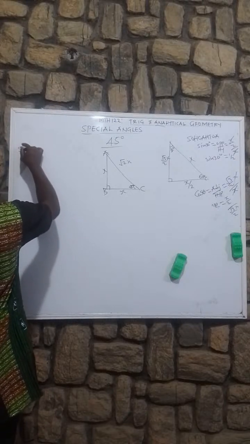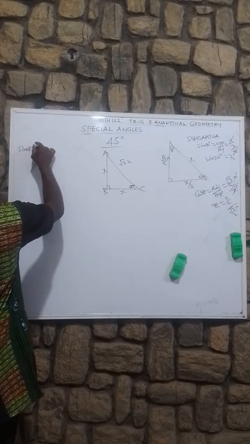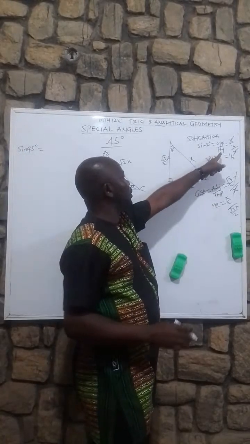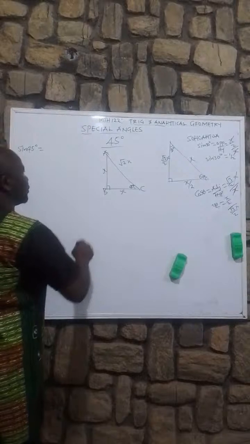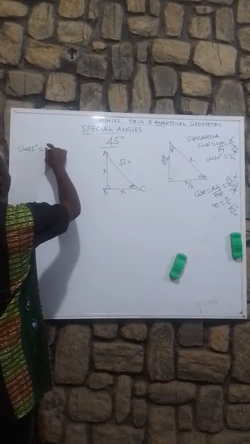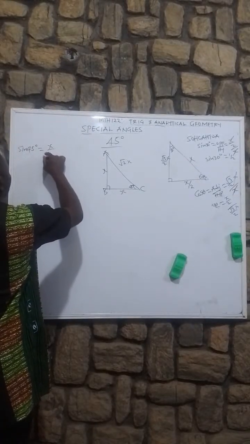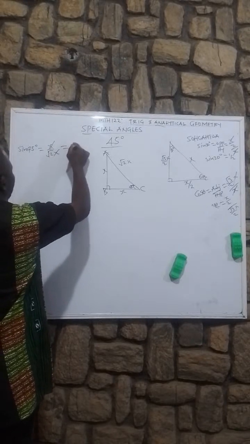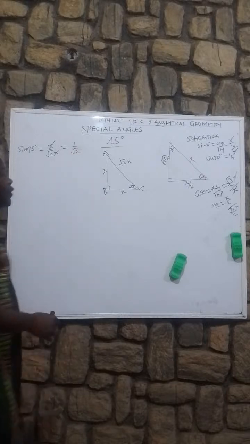What is sine 45 degree? Sine theta is opposite all over hypotenuse. So here it is x all over root 2x. Then this and this will cancel to give us 1 all over root 2. True or false?